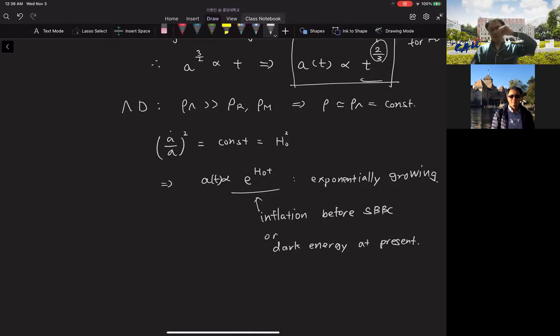So there are two periods of exponential expansion, in the early universe or the late universe, if the vacuum energy dominates.